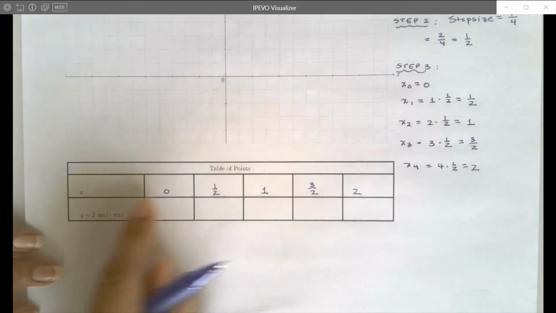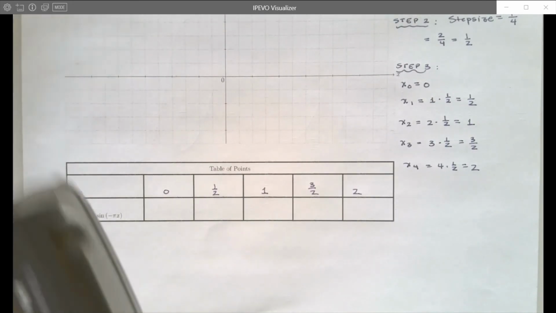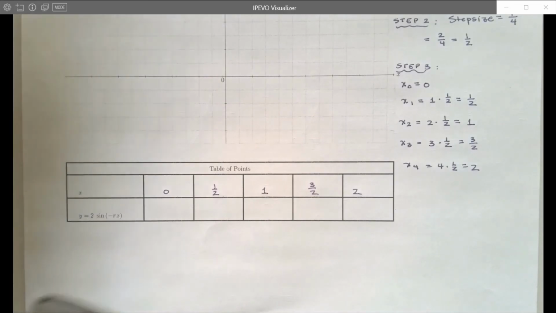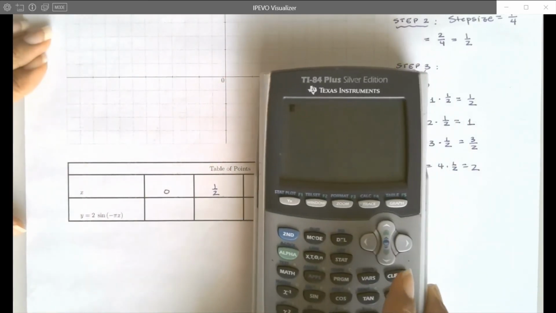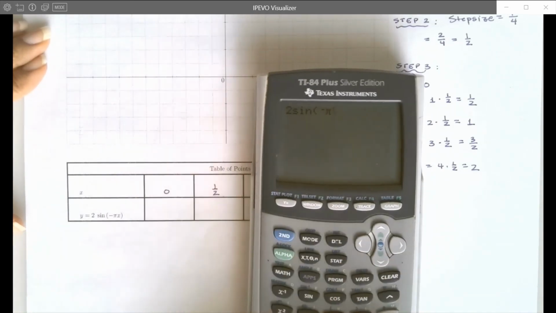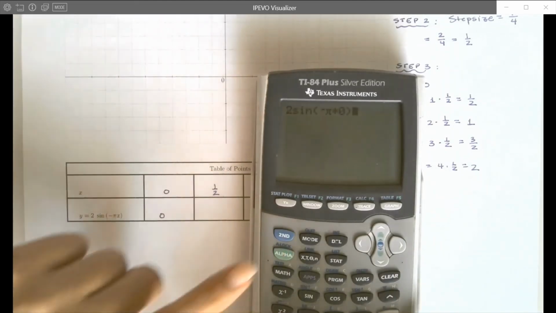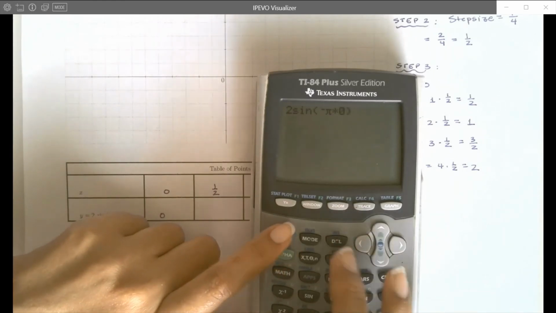And we're going to plug those into our equation to see what corresponding y values we get. Okay, so the first one is 2 times sine of negative pi times 0. So we get 0. Then we have negative pi times 1/2.